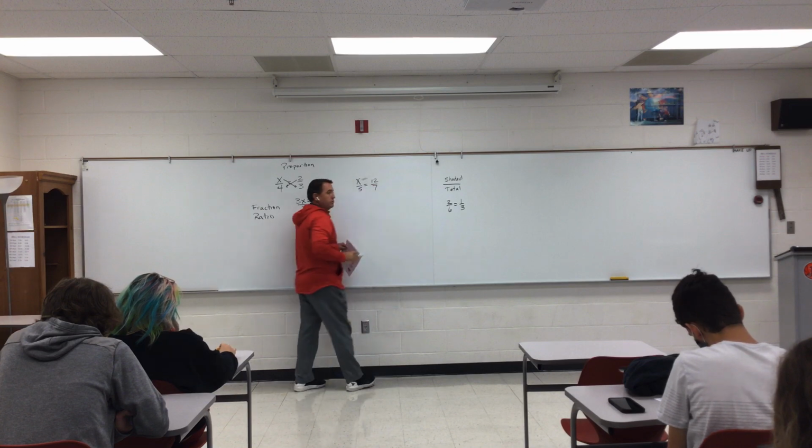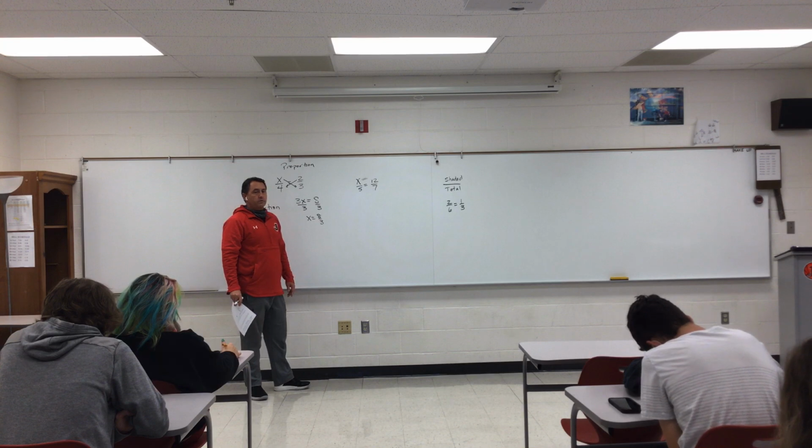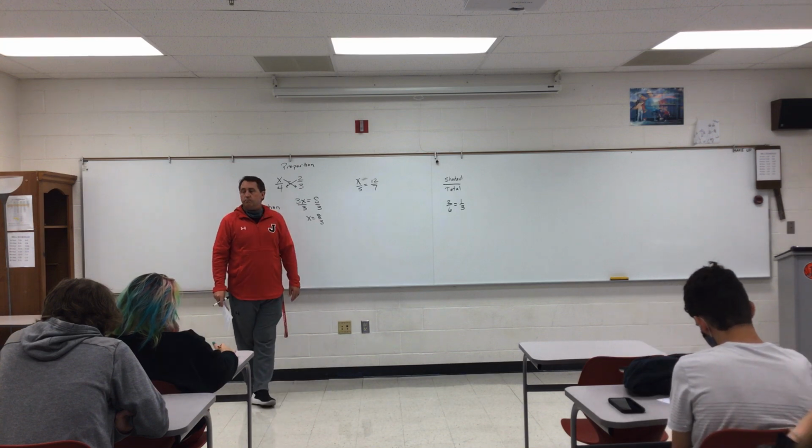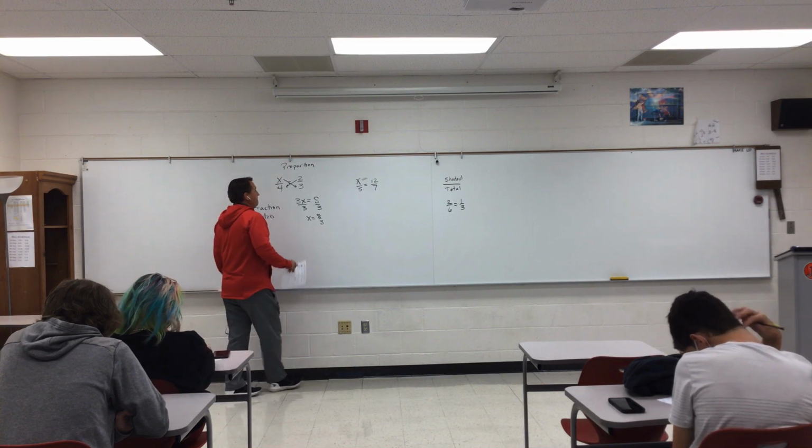So x over 5 equals 12 over 7. So do you cross multiply first? Then whatever's multiplied by the x, that's what you would divide by.